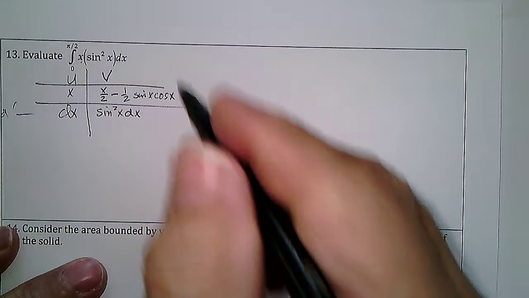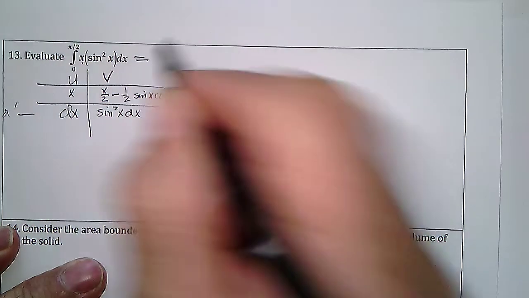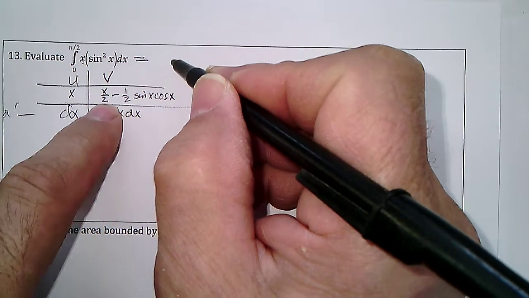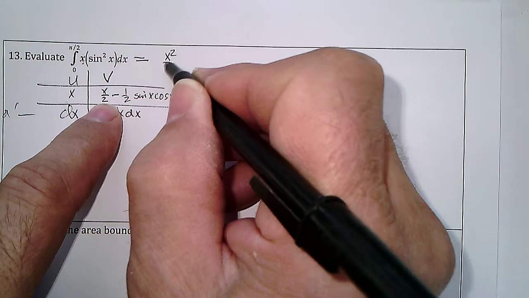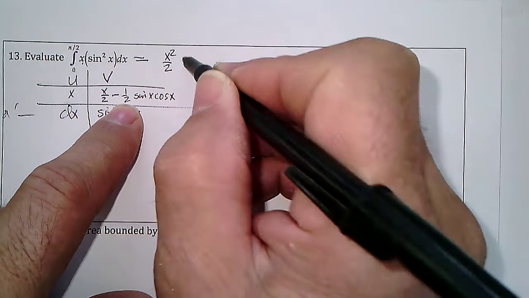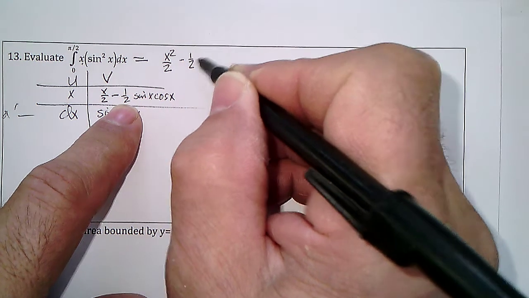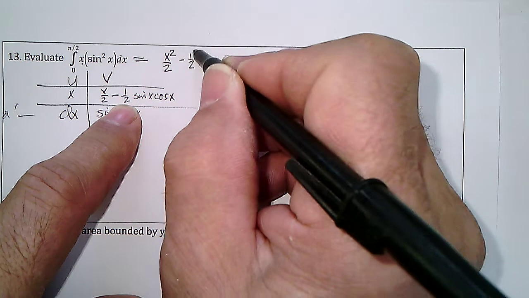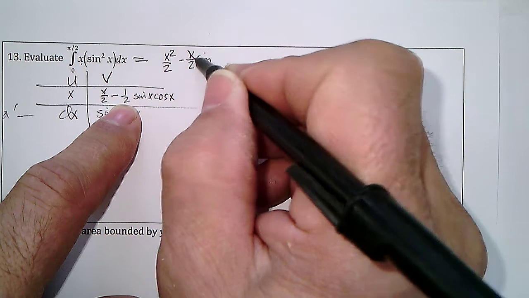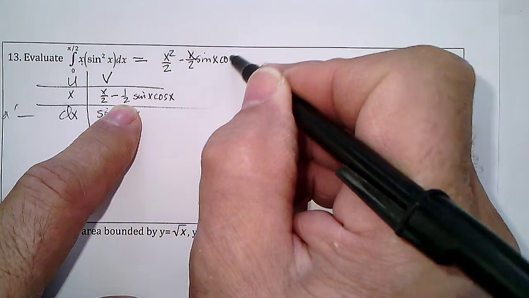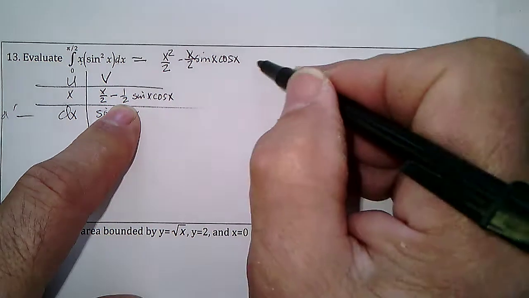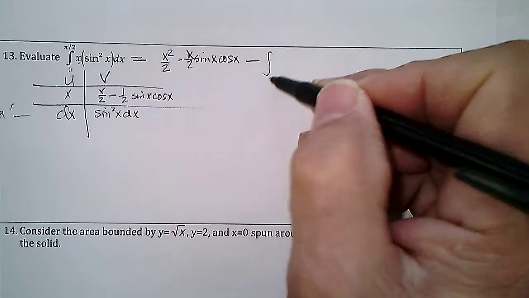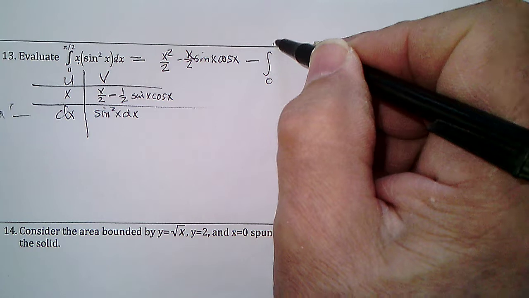So this would change to uv. That'd be x times this, so x squared over 2 minus 1/2 sine x times x, so x over 2 sine x cosine x, that's the uv, minus the integral from 0 to pi over 2.